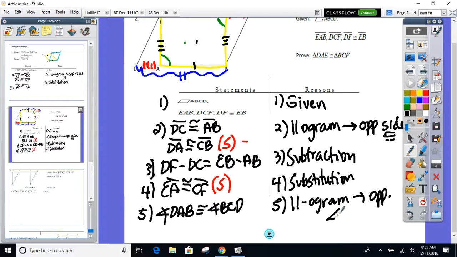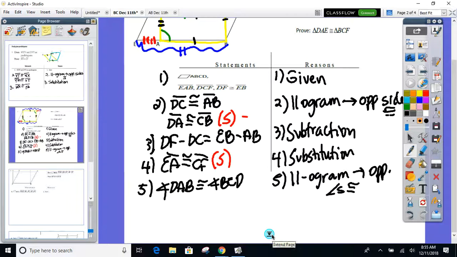Opposite angles congruent. All right. Now, I know this has been a while. Can I just say those angles, the other angles are congruent because supplements of congruent angles are congruent? Anybody remember what you must tell me before you use that theorem? What pairs are supplementary? All right. What pairs are supplementary?